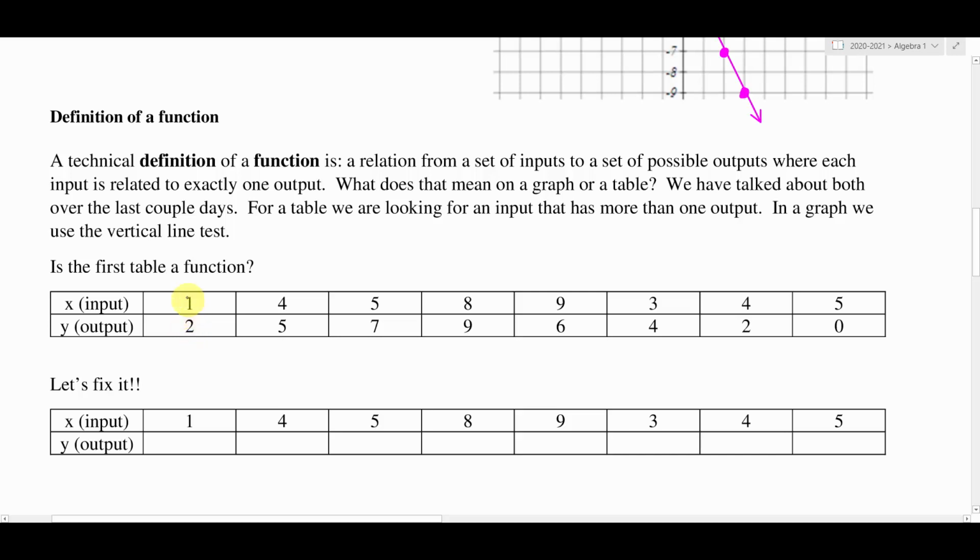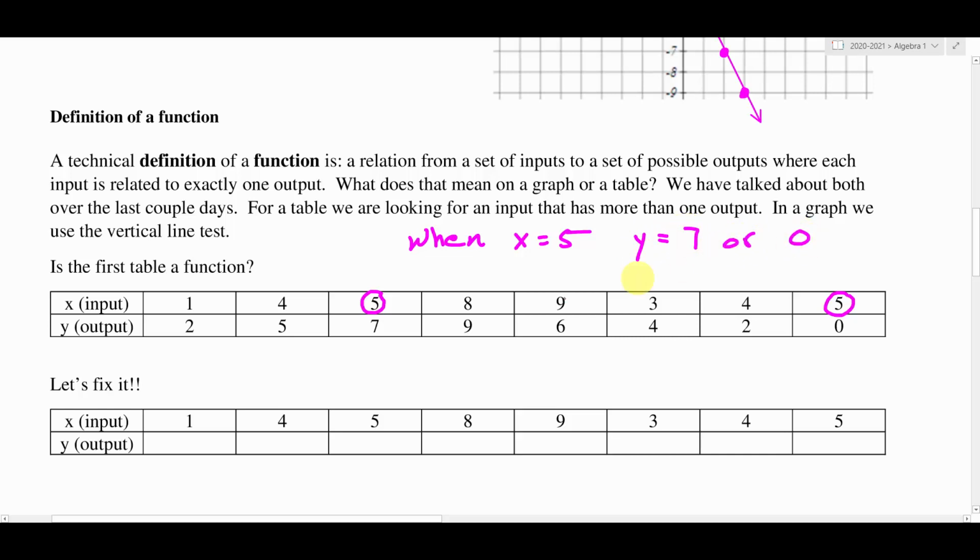All right. Now I notice here I have a 5, and then I notice over here I have a 5 again. So 5 over here goes to 7, and 5 over here goes to 0. So for the input of 5, we can say when x equals 5, y equals 7 or 0.